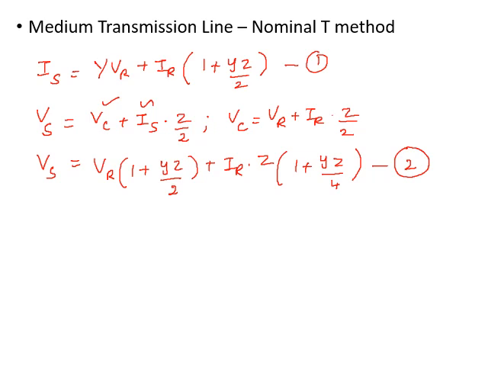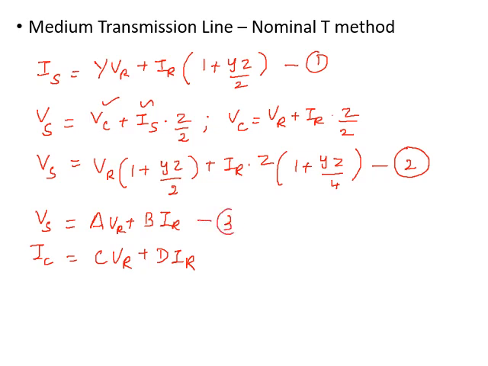And we know for a two-port network, Vs can be represented as A VR plus B IR, and Is can be represented as C VR plus D IR. So let these be equations 3 and 4.